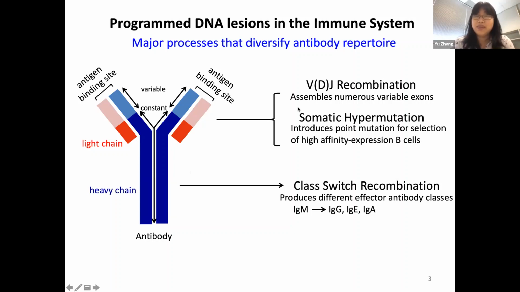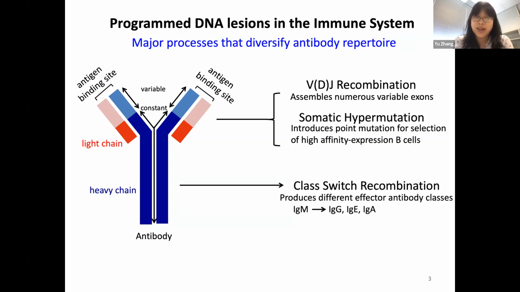The first one is called VDJ recombination that assembles the numerous variable exons in early B cells. Upon antigen activation in mature B cells, there is another process called somatic hypermutation that further introduces antibody diversification through introducing point mutations.